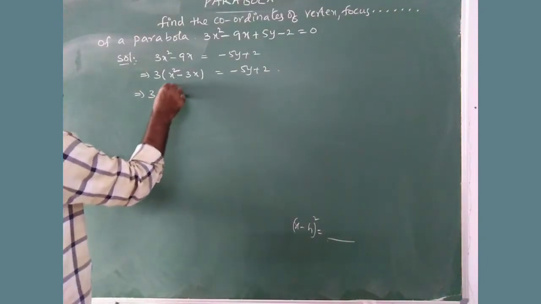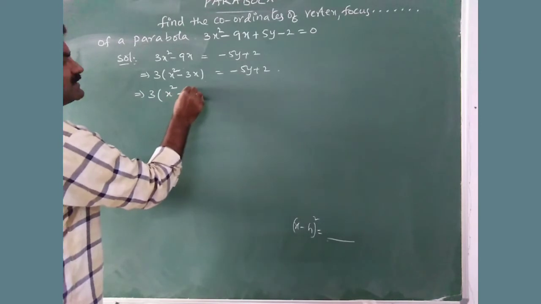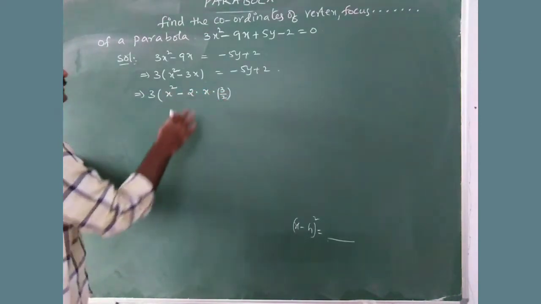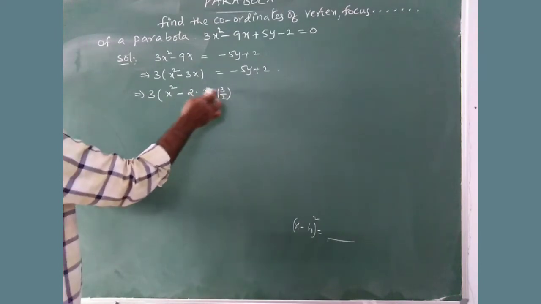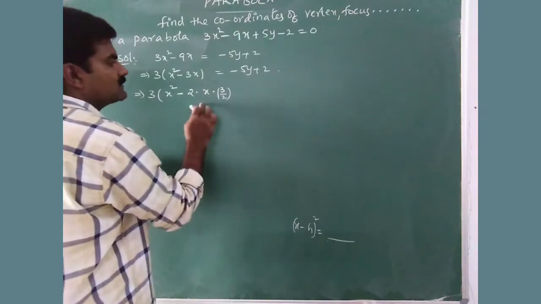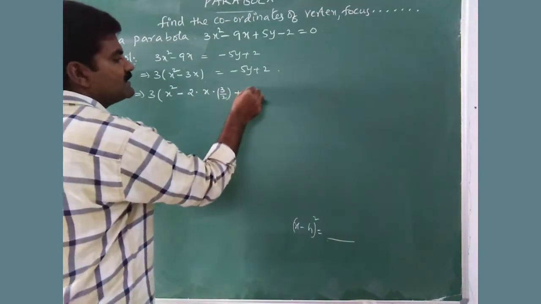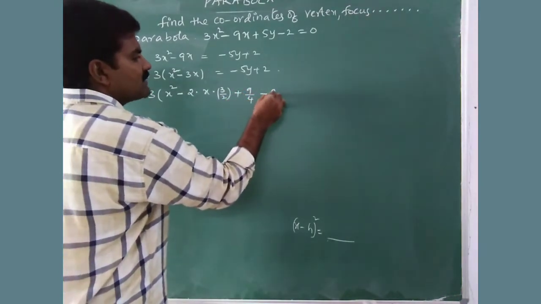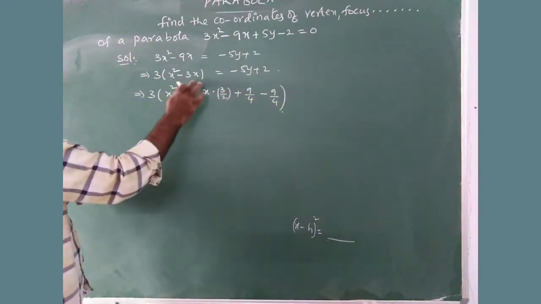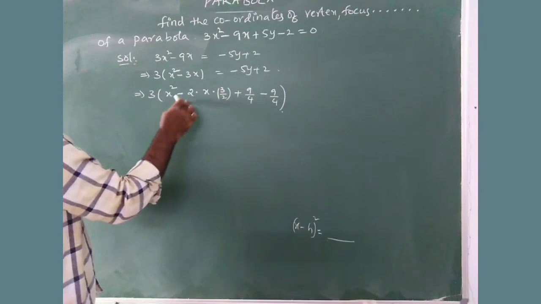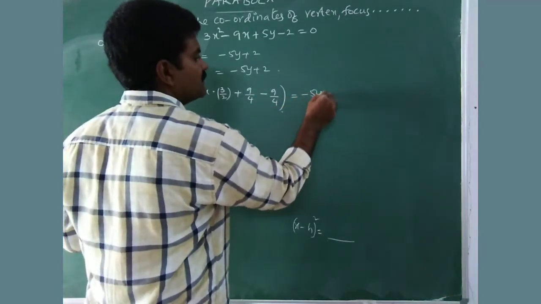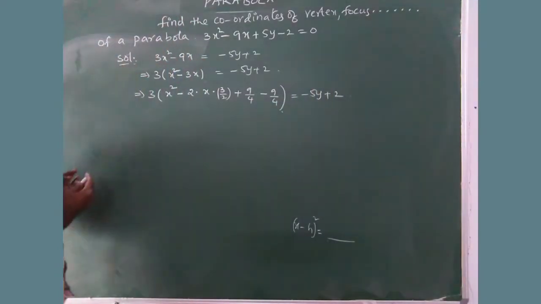For that, x square minus, can I write 2 into x into 3 by 2, the 2 gets cancelled, anyhow 3x. Even I want the plus b square term, that is add 9 by 4, and even subtract 9 by 4, because I want to convert this into some a minus b whole square, and here this is minus 5y plus 2.